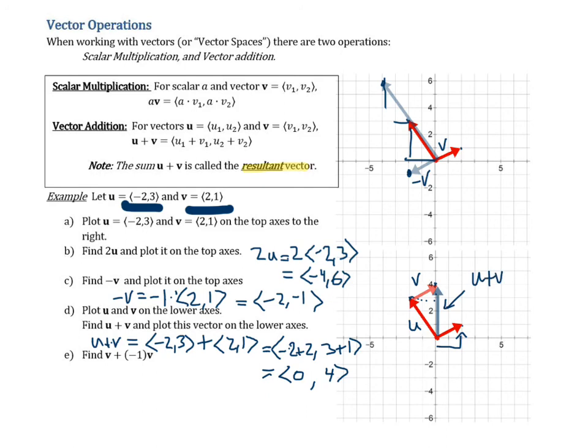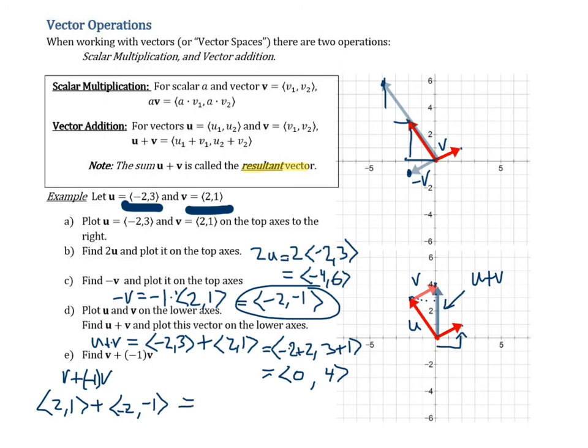Okay, one more. If we do v plus negative v, notice we have negative v here. So v plus negative v, or negative 1v, gives us 2, 1 plus negative 2, negative 1.